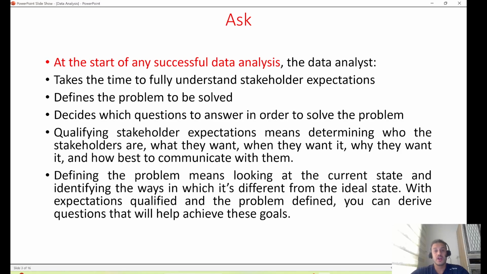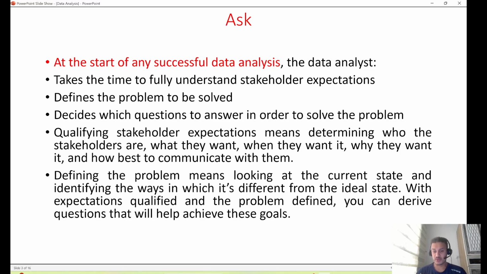In the ask phase, you have to ask the stakeholders the most important things. What is the purpose, what is the problem that you have, and how are you going to solve this problem? So deciding which questions to answer in order to solve the problem. Qualifying stakeholder expectation means determining who the stakeholders are, what they want, and the time they give you.